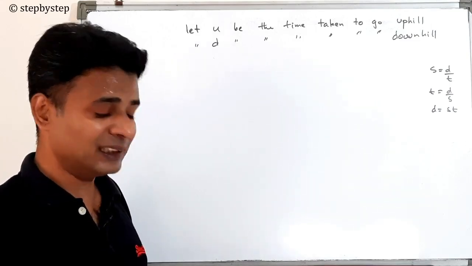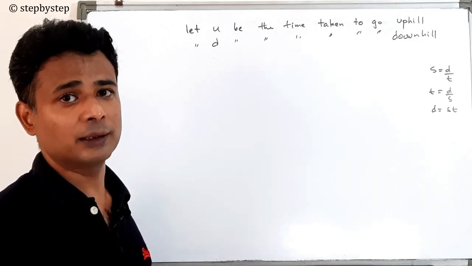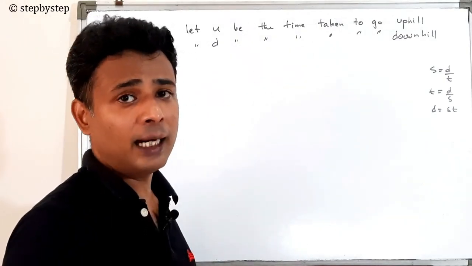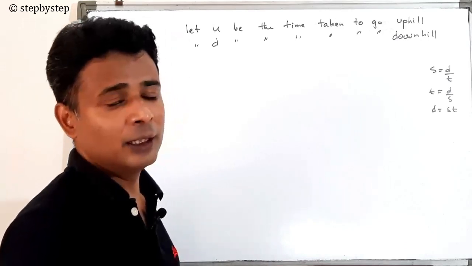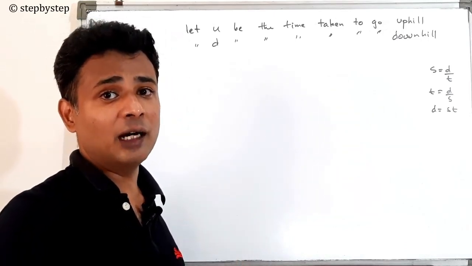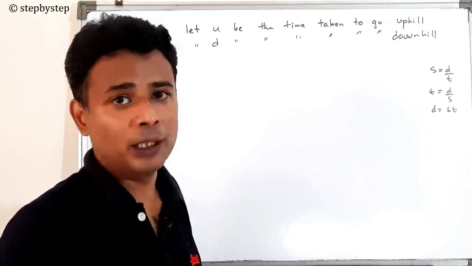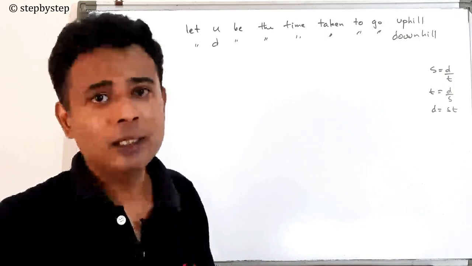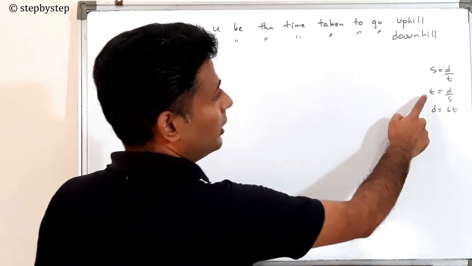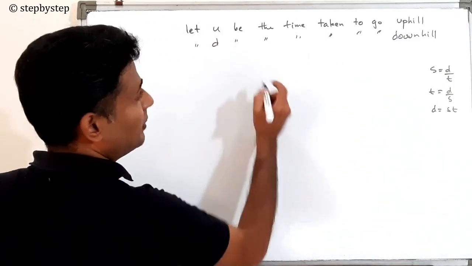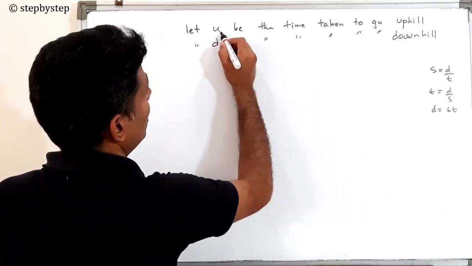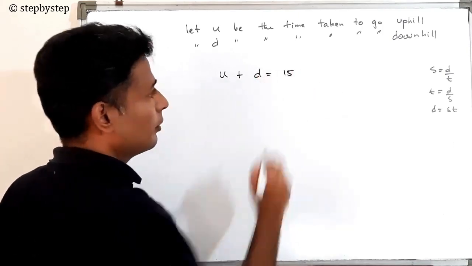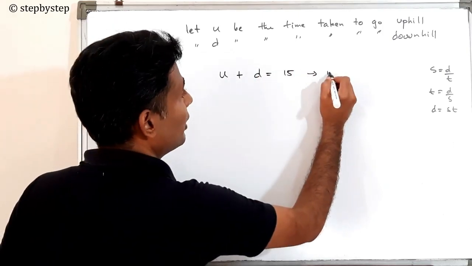Now they have told us that it takes 15 hours to go 650 kilometers, which means they have given us total time and total distance. For total time, total time is how much? 15 hours. So time taken to go uphill plus time taken to go downhill is 15. This is our first equation.